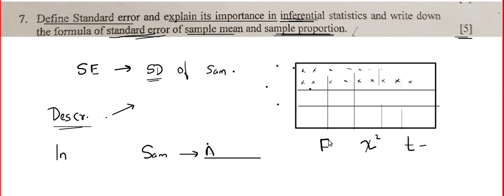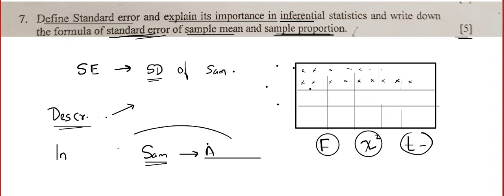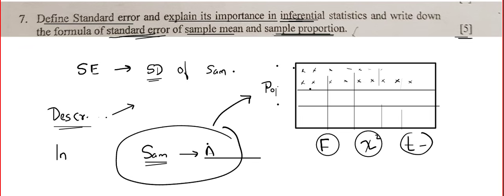These are all found by analyzing samples. We study the samples, we analyze the samples, and using the samples we infer, we come to a conclusion. Inferring means to get to a conclusion. So we come to a conclusion about the population.